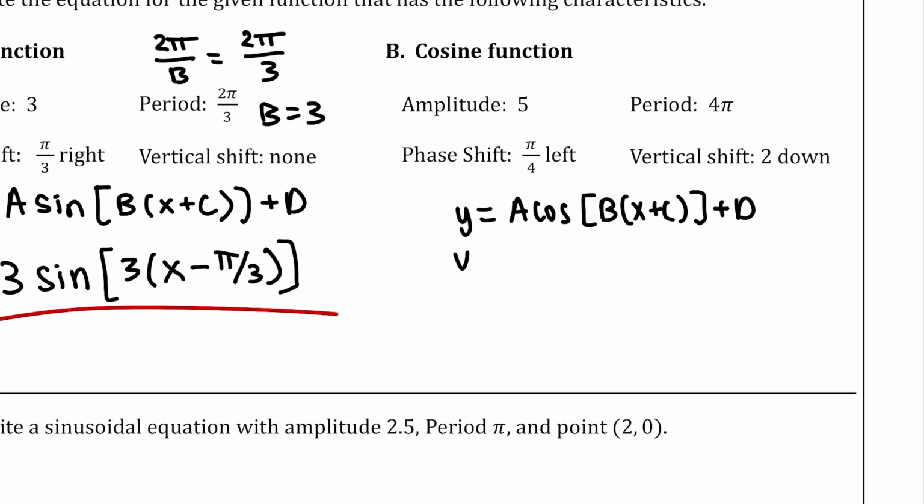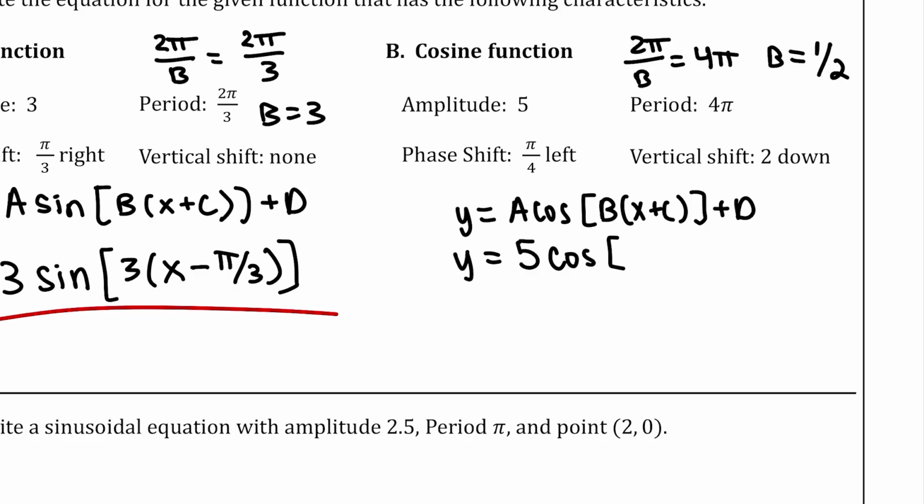We're going to be confident that 5 is our a value. Cosine b. Once again, we have to figure that out. So our period is 4 pi. And we know that you calculate that by doing 2 pi over b. So that's telling us, if we solve for b here, that our b value is a half.